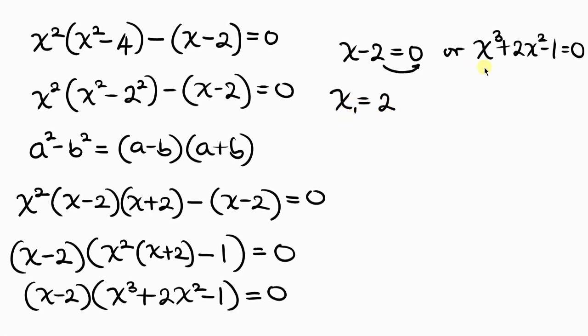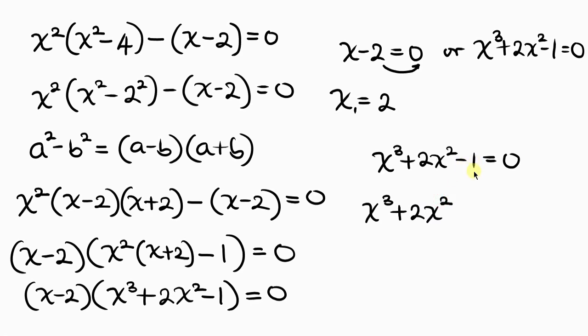Now going for this second case, we have x cubed plus 2x squared minus 1 to be equal to 0. Well, I'm going to be making some changes here. Since I have 2 here, I'm going to be writing negative 1 in another form. So this is x cubed plus 2x squared. Now, negative 1 is the same as negative 2 plus 1.